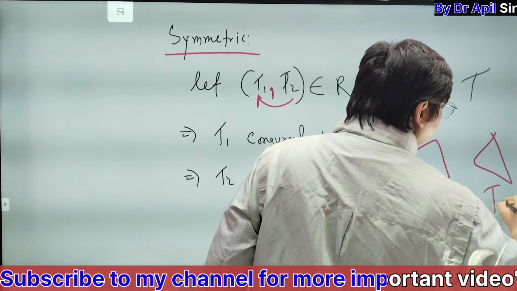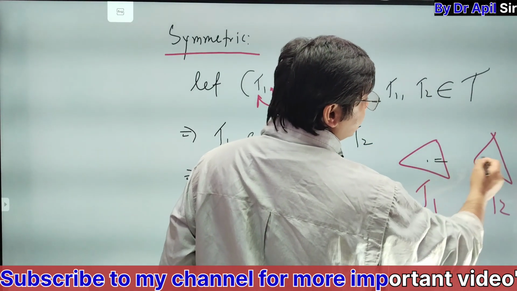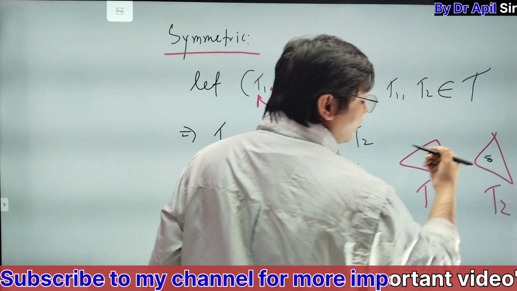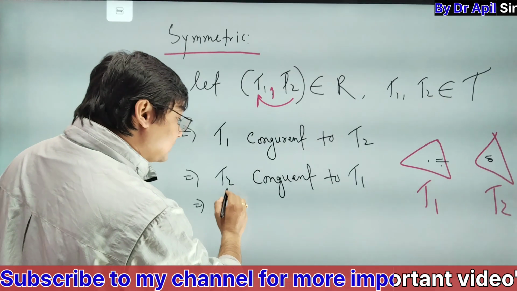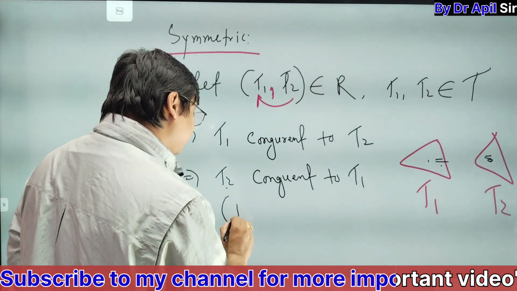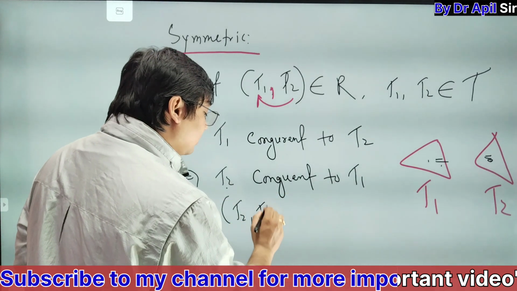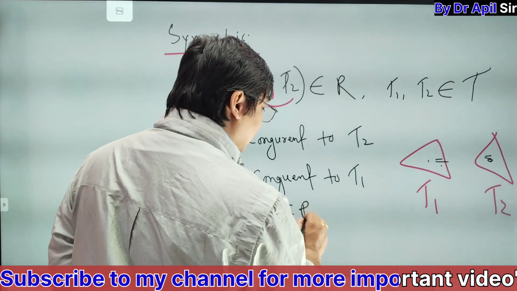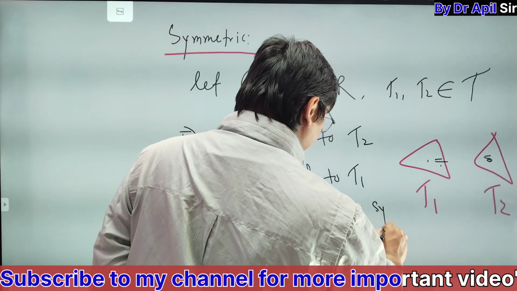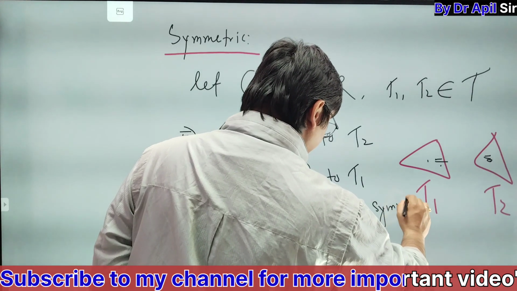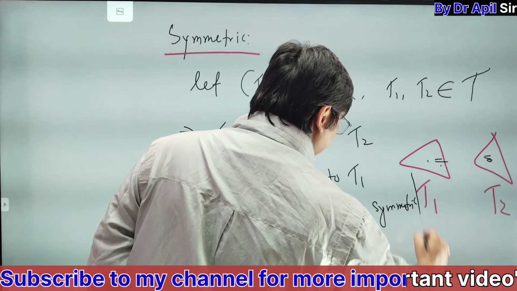Because, suppose we take T1 and suppose we take T2. Now if this T1 is congruent to T2, then obviously T2 is also congruent to T1. So from this we can write, since T2 is congruent to T1, that means (T2, T1) also belongs to R, that means R is symmetric. So R is symmetric also.